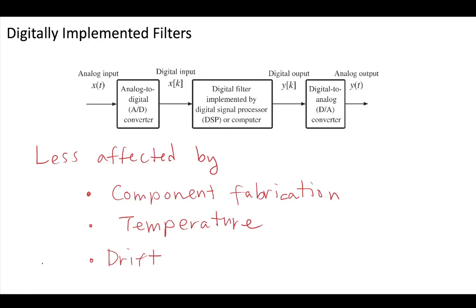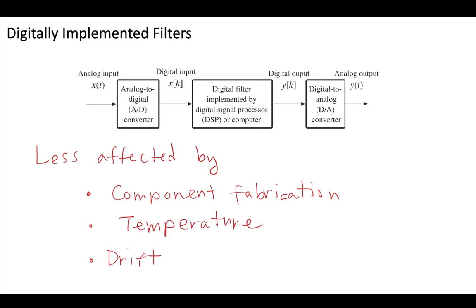The other great thing about digitally implemented filters is that they're less affected by things that analog filters are affected by. So with analog filters, you're building all these components. Maybe some of them are being built in a fab or a chip process, and those have problems sometimes. So you might have some variation in analog components.